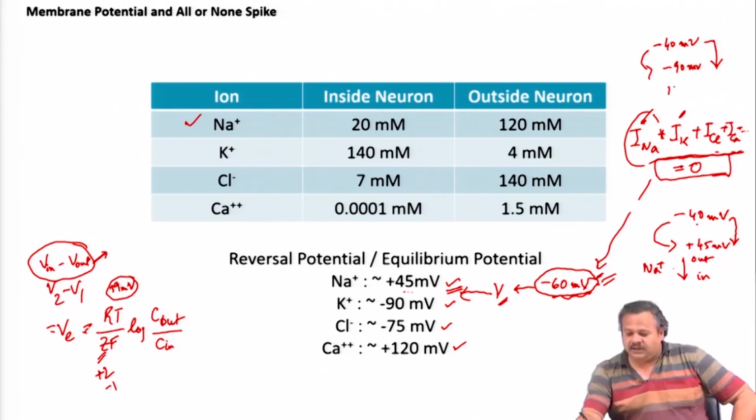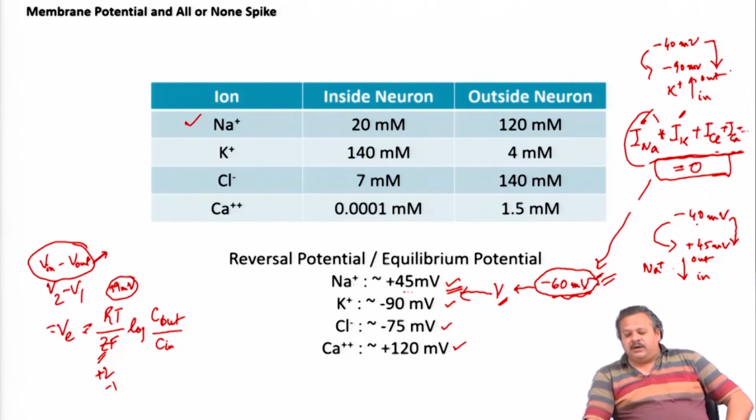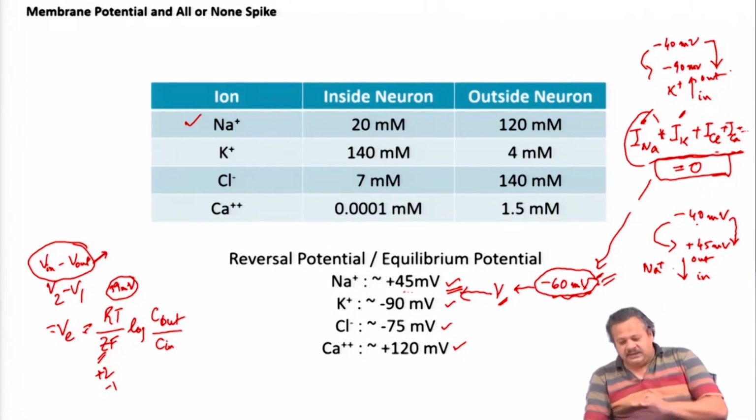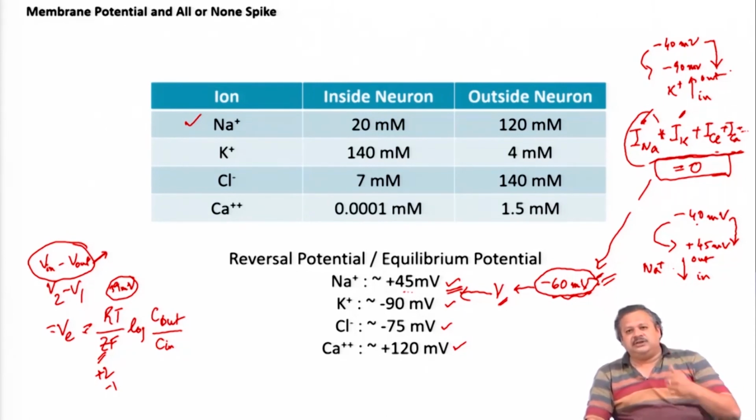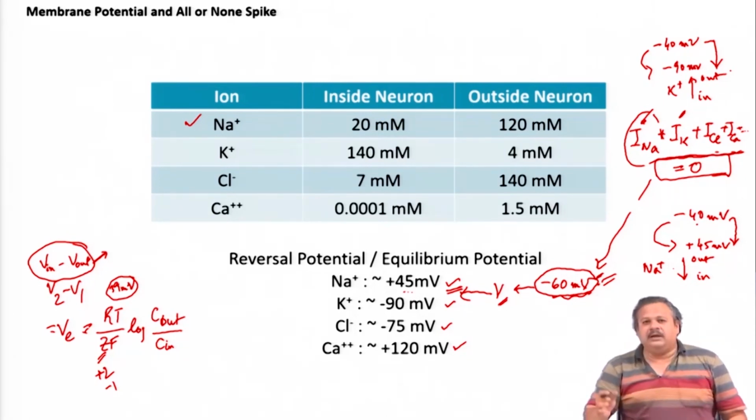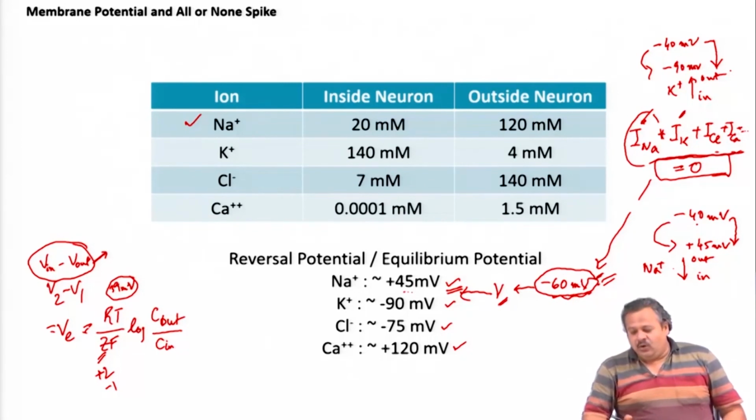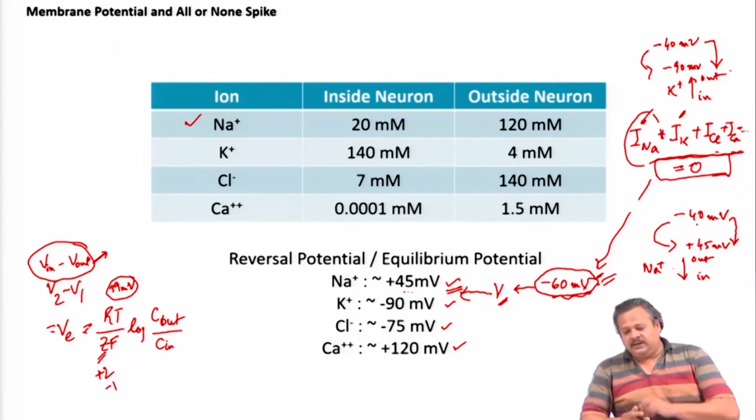Again, as potassium is positively charged, it will flow from inside to outside of the neuron in such a scenario, so that the potential inside is gradually lowered compared to the outside, that is, positive charge is going out of the neuron. And chloride similarly will flow in the same scenario because of its negative charge. It will do the same thing as sodium.